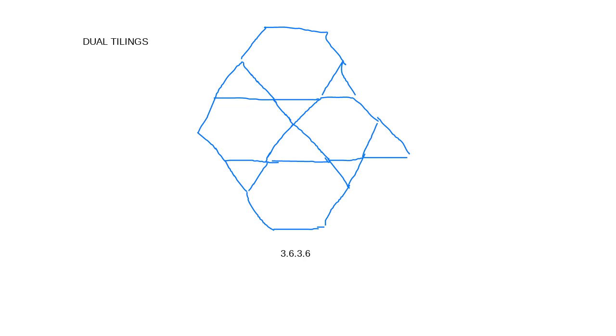The way you do the dual is by marking the midpoints, the center of mass, or just think of it as the center of a group of these regular polygons. Just marking the centers here. I'm going to mark them all since I don't have that many.